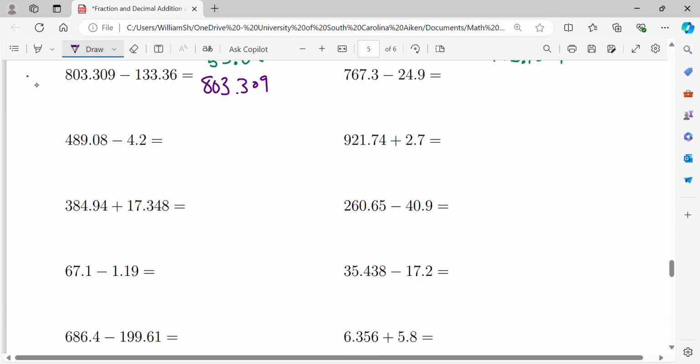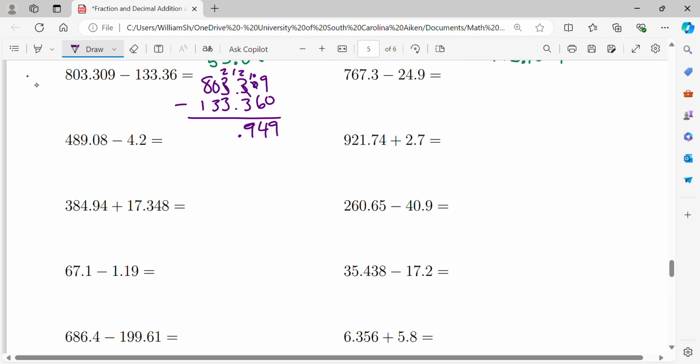So I'm looking at 803.309, 133.36. You can put the 0 holder there so everything lines up. 9 minus 0 is 9. I cannot subtract this here, so I need to change that to a 2, this to a 10. 10 minus 6 is 4. Need to borrow from this 3 here, change that to a 2. 12 minus 3 is 9. Bring down my decimal.